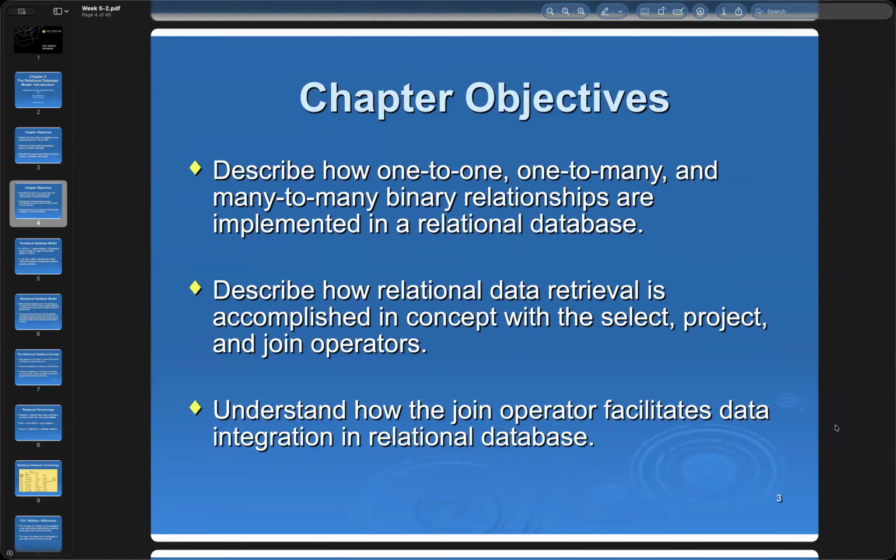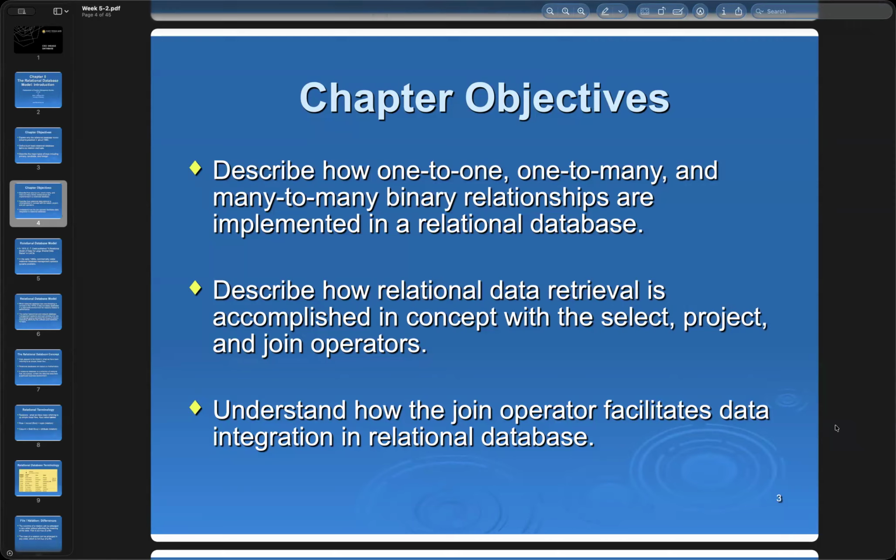We will also extend a little bit more. If you remember, we talked about one-to-one, one-to-many, many-to-many binary relationships. How can we really implement them in a relational database? And next, how relational data retrieval works in concept, including the select, project, or join operator. In practice, I think most of you already tried to use inner join, left join, right join, and outer join, right?